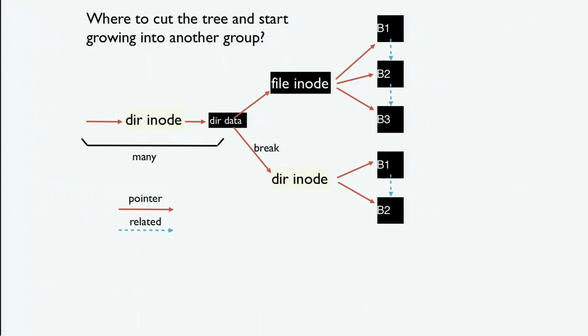But if in that subdirectory we then create another subdirectory, we'll again pick another cylinder group for that new directory. So every time we make a new directory, we go into a new cylinder group and let that one get filled up, so that we can keep one directory together as long as it's just files, but once it becomes another directory, we split to another place.